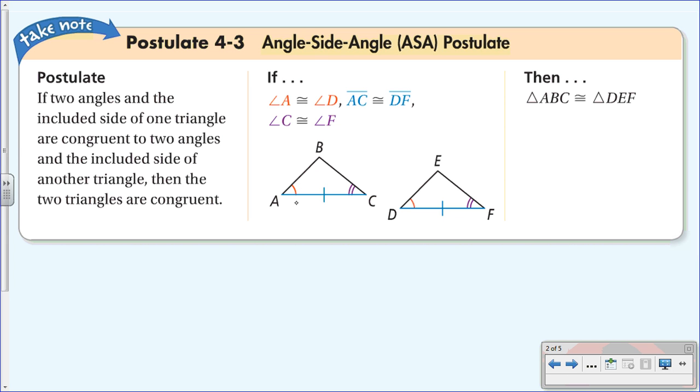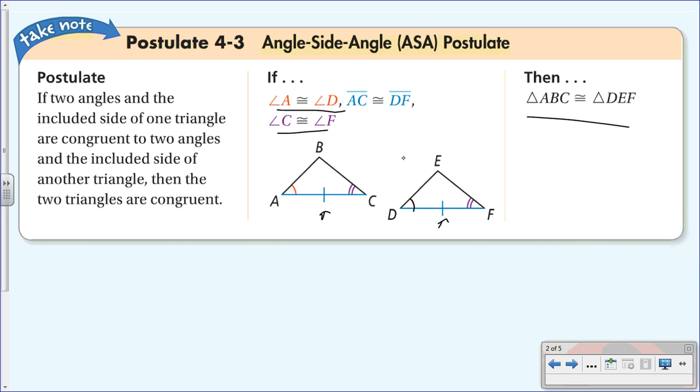As you can see, they've marked angle A congruent to angle D. Angle C is congruent to angle F. And then side AC and side DF are congruent. That is enough information to tell us that the two triangles are congruent.